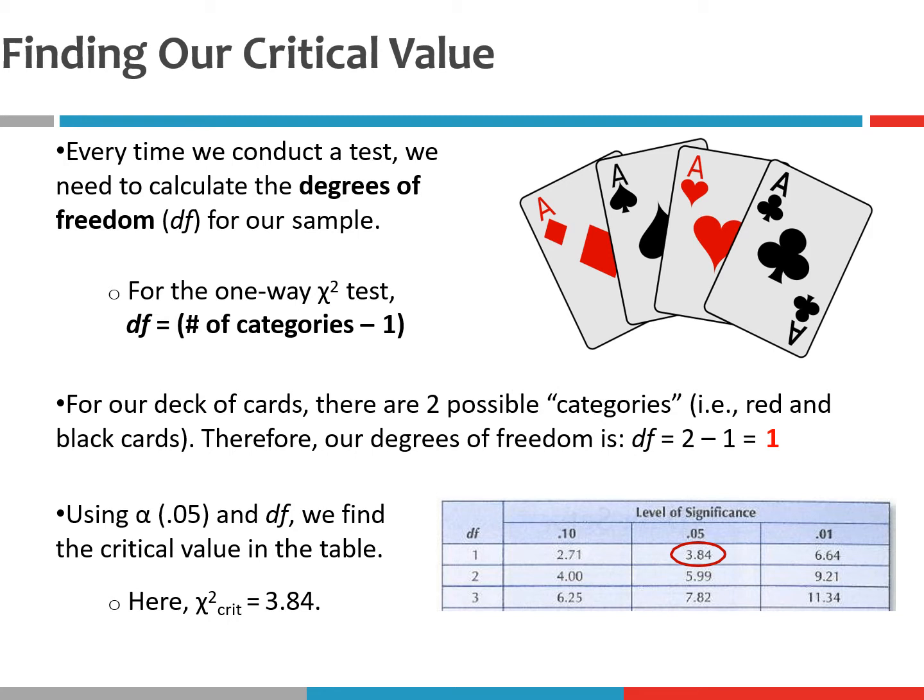So for our deck of cards, there are two possible categories or levels. We have red and black cards. Therefore, our degrees of freedom is going to be 2 minus 1, which is equal to 1. And just like we did with the one sample t-test, we are going to set our alpha level to 0.05.